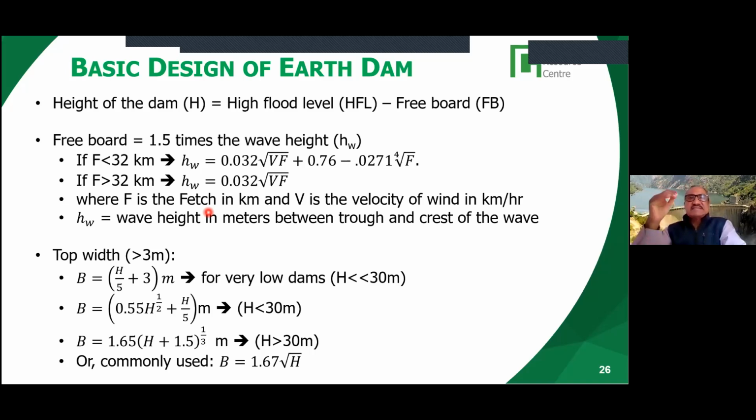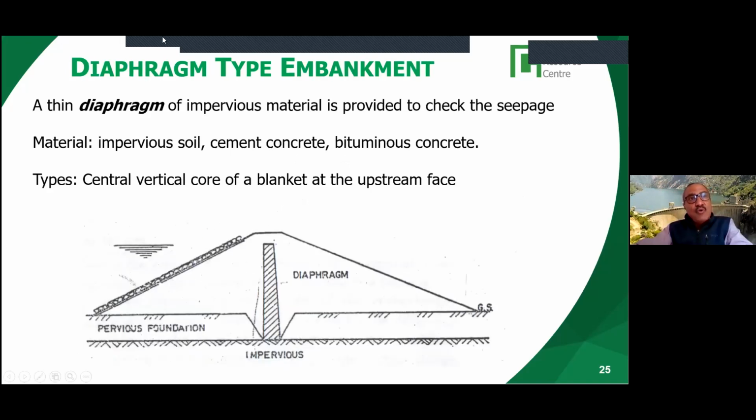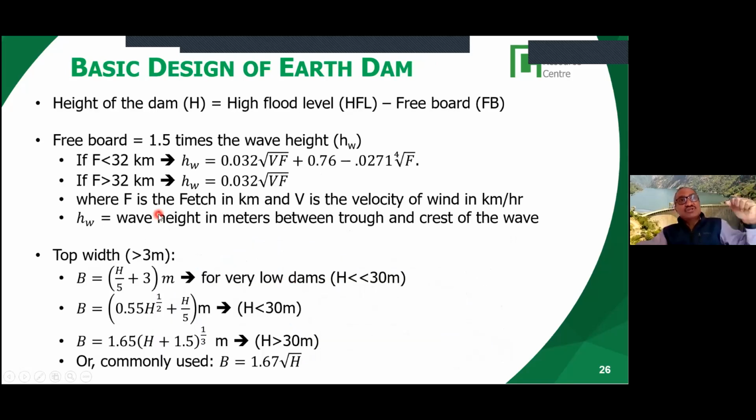What fetch means is the distance of wind blowing on the dam. For example, you have an earthen dam here. What is the distance from where the wind can blow here? If you have a hill or an obstruction on the upstream side, then from that portion, what is the free distance of wind blowing?